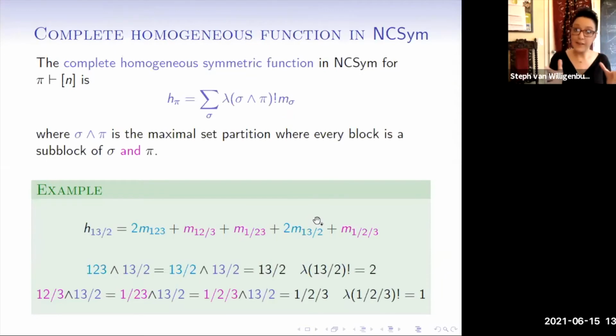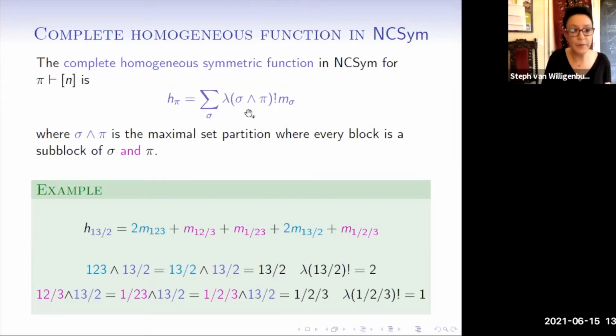And then our last basis is going to be somewhat more intricate, but it's going to be the most important one. This is basically the most intuitive definition that we came across. So this is the complete homogeneous symmetric function in NC-Sym, and this is a sum of those monomial symmetric functions in NC-Sym along with a coefficient.